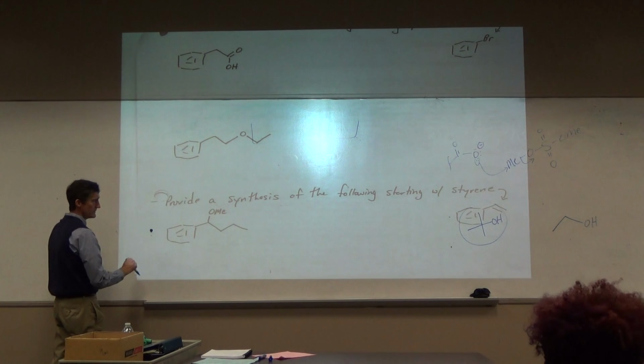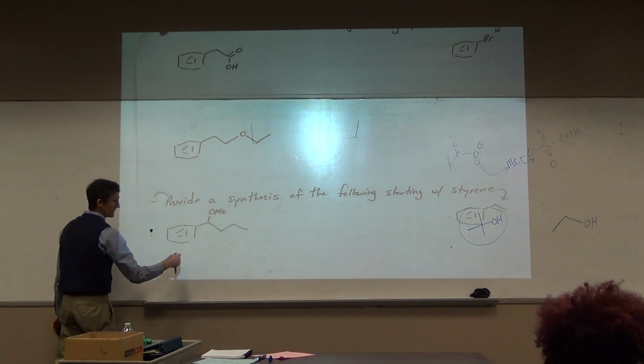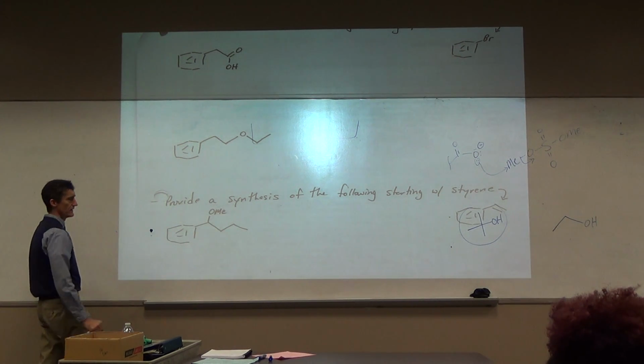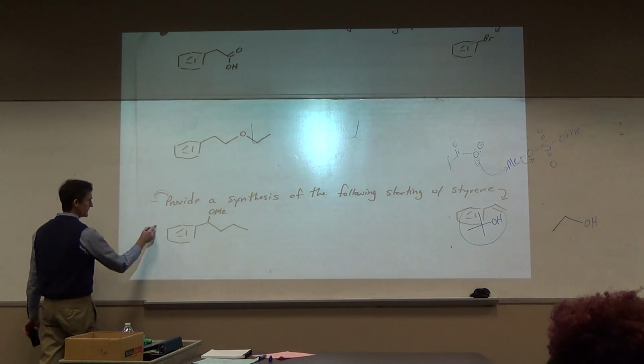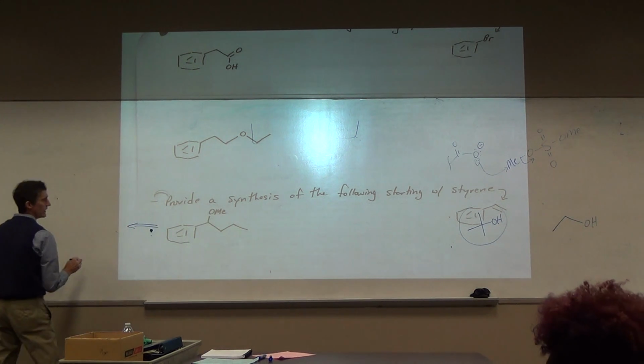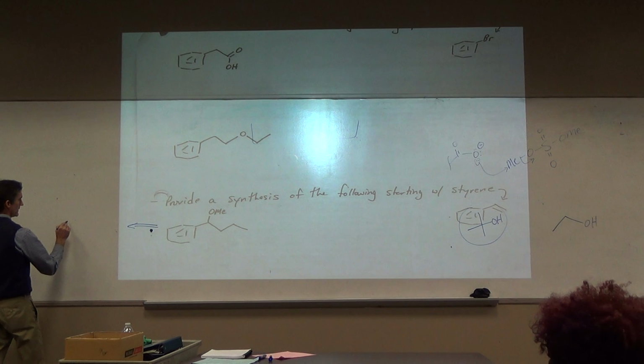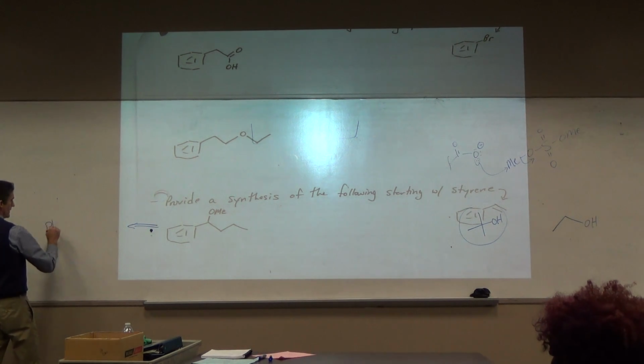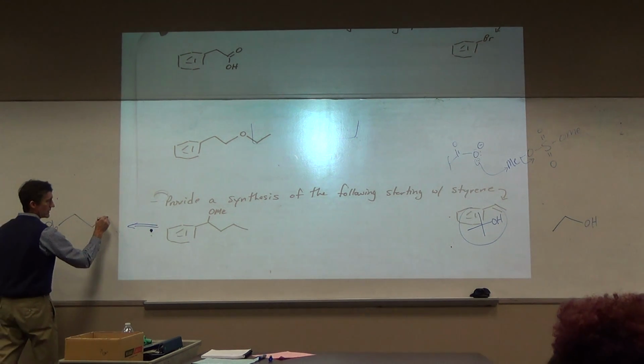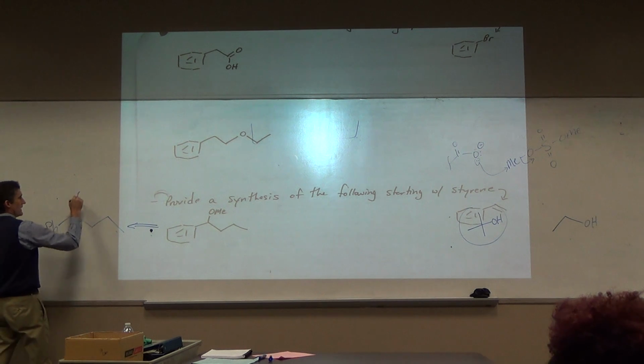The main functional group here is an ether. You're not going to make a benzene ring. Ether, how do you make ethers? Williamson. We'll back this up to what? Probably alcohol?